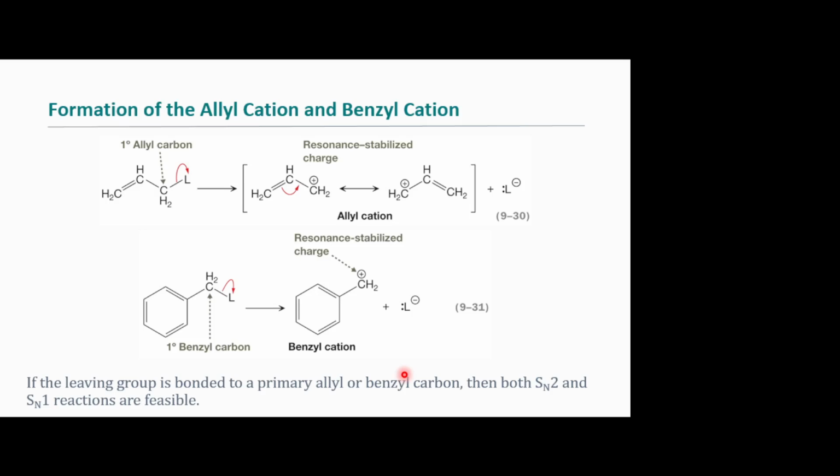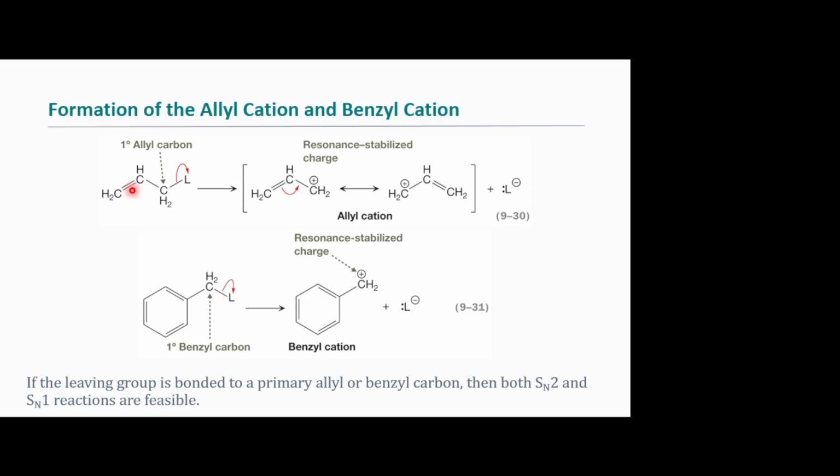So this right here is going to be the allyl cation and benzyl cations. Now, don't get this confused with directly on the double bond. This is going to be adjacent to a double bond, right? Adjacent to a pi system. So when you're adjacent to a pi system, what does that mean in terms of your carbocation?